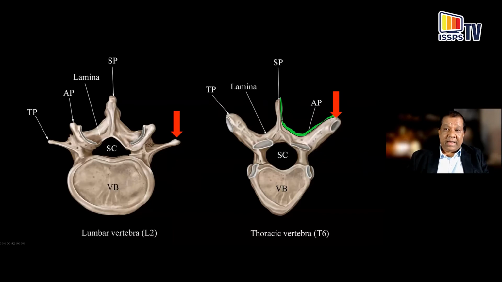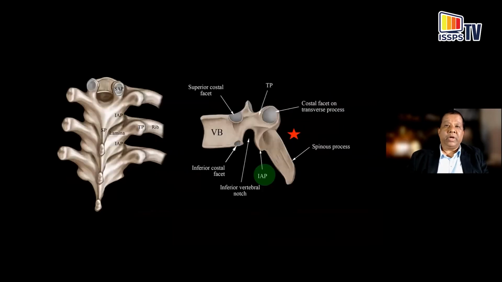Now, this is important because when you perform a scan, you will see the posteriorly directed transverse processes. Also, I'd like to point out the relationship of the articular processes to the intervertebral foramina or the inferior vertebral notch.